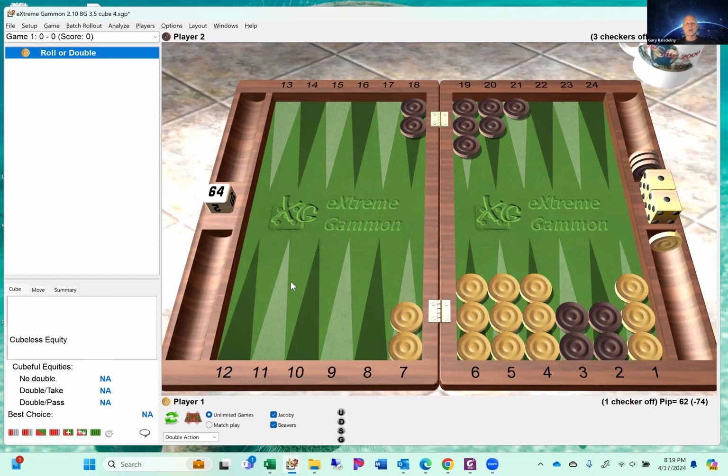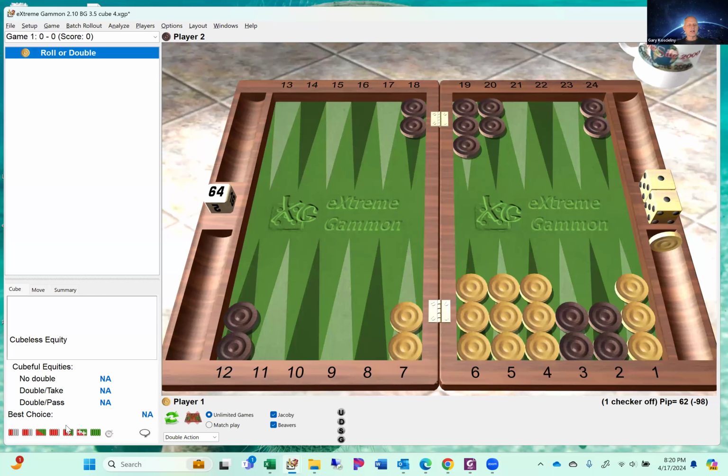One that I think is useful to know is to keep in mind what Black's game plan is. The game plan for Black is that White's likely going to leave a shot. Black has to hit it, and then Black has to contain White while he hopefully closes White out, it comes around and bears off.